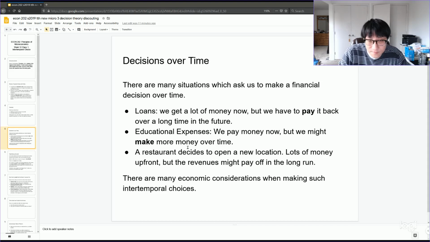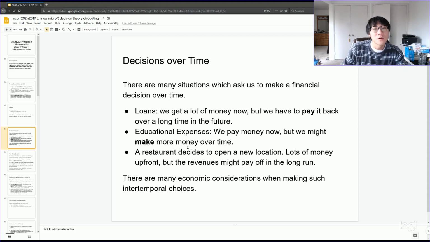For example, anytime you take out a loan, right? A loan involves getting a lot of money in the present, but then having to pay it back over a long time in the future, okay? Or you could have the opposite of that situation. Consider an educational expense. In that case, you pay the money now, but then later on, because you have more education, you might be able to make more money in whatever occupation you're working in.